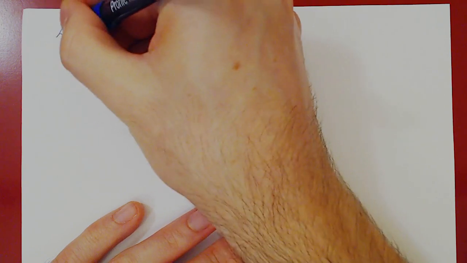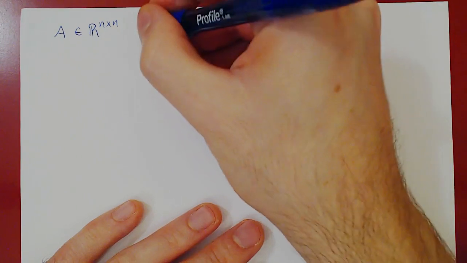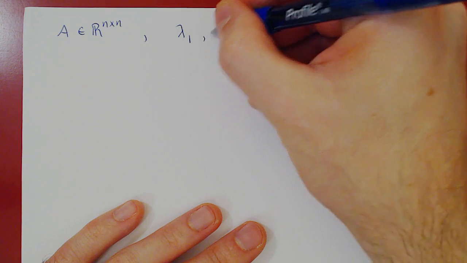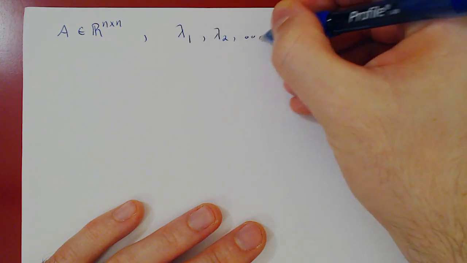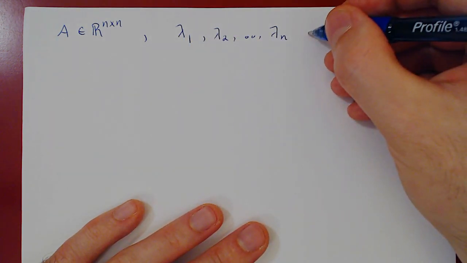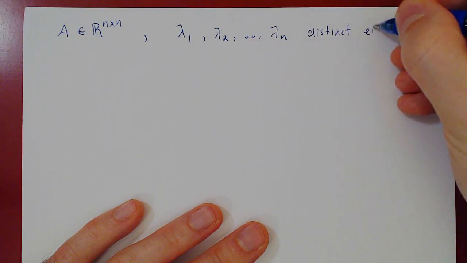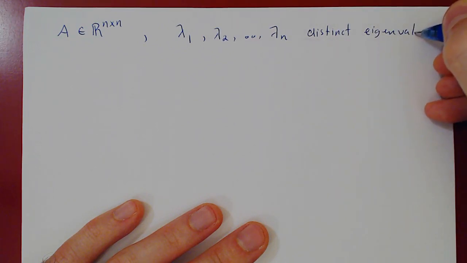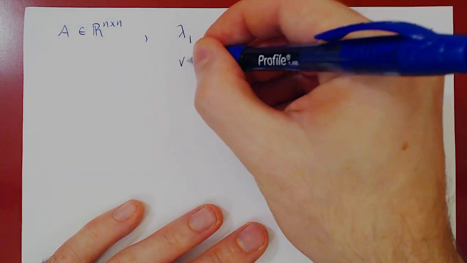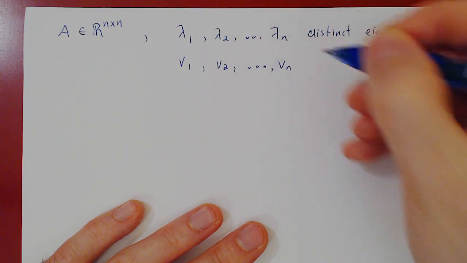So suppose we have n distinct eigenvalues, lambda 1, lambda 2, up to lambda n. For each eigenvalue, of course, we find the corresponding eigenvectors: v1 for lambda 1, v2 for lambda 2, up to vn for lambda n.